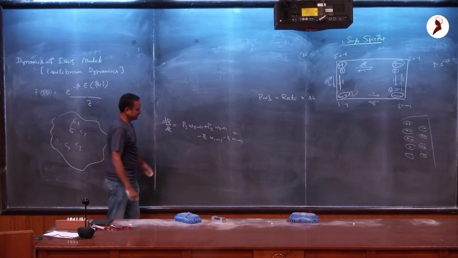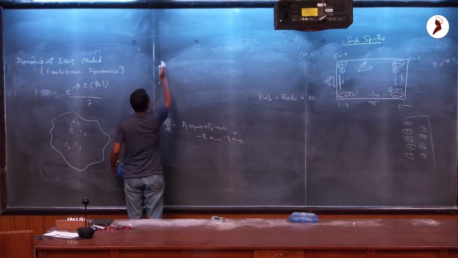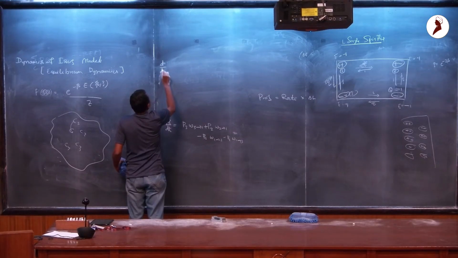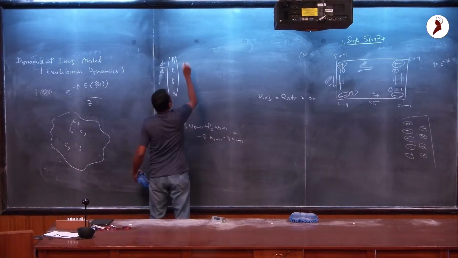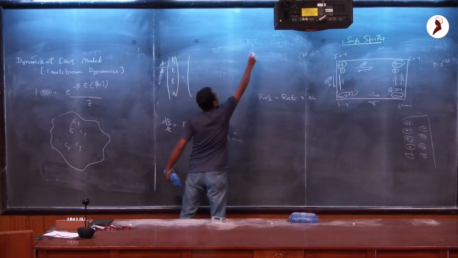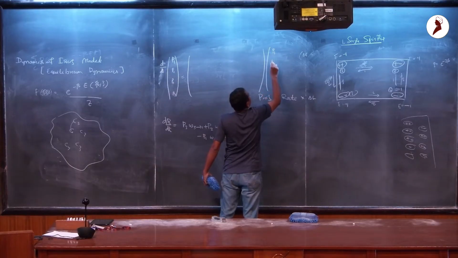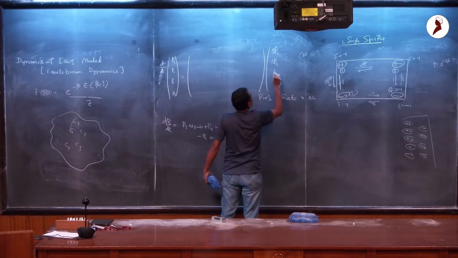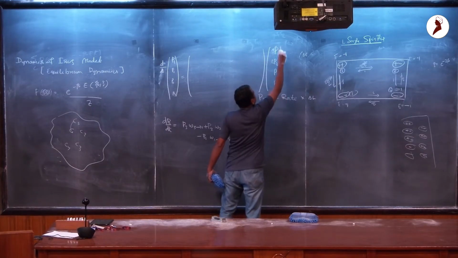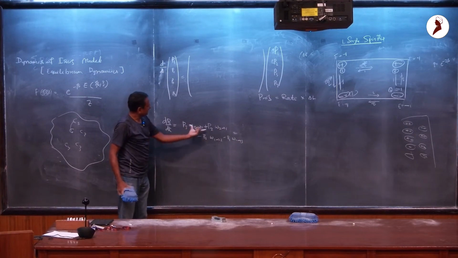So let us write an equation for d by dt of P1, P2, P3, P4. Where does P3 appear?